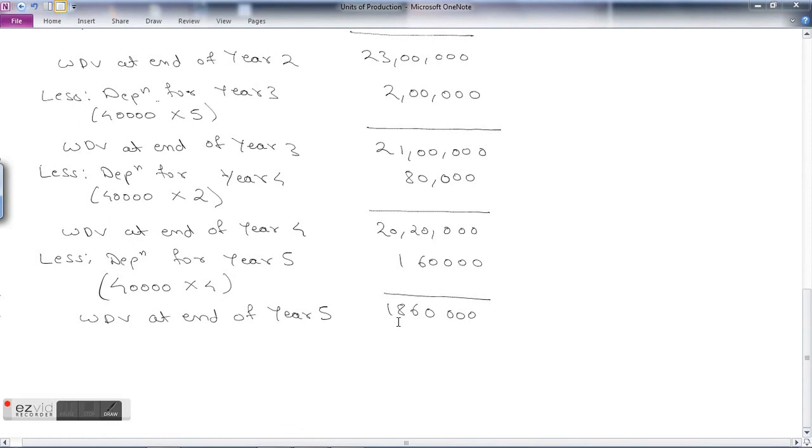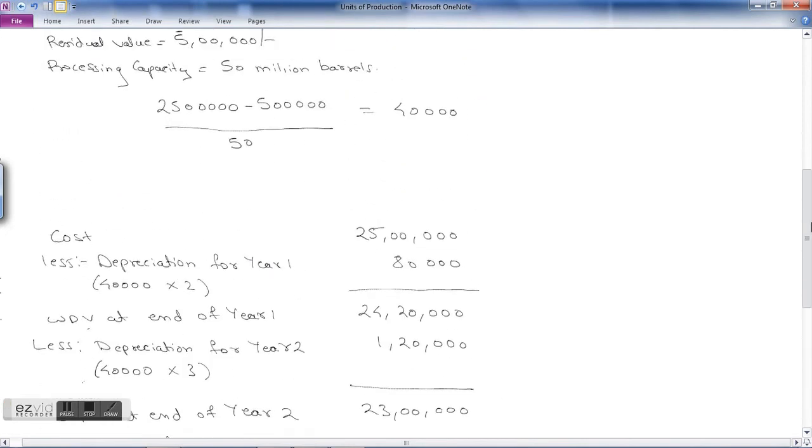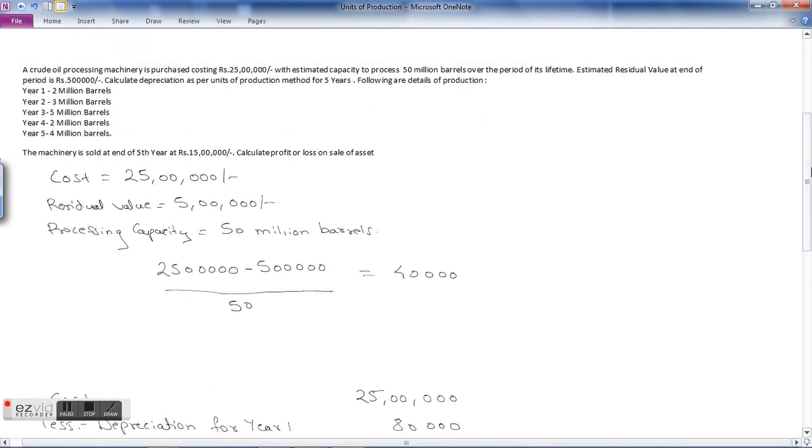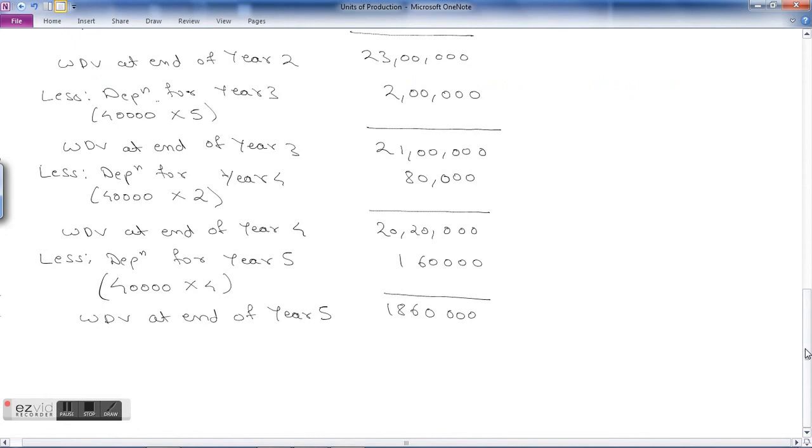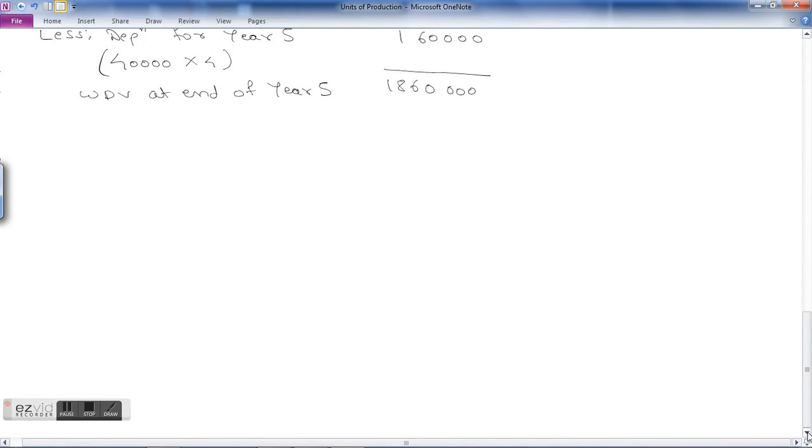Now at the end of year 5, the processing machinery has been sold. So it has been sold for how much? Let's see. The machinery is sold at the end of 5th year at 15 lakh. Calculate profit and loss on sale of asset. So the WDV at the end of year 5 is 18 lakh 60,000, less selling price at end of year 5, that comes to 15 lakh.